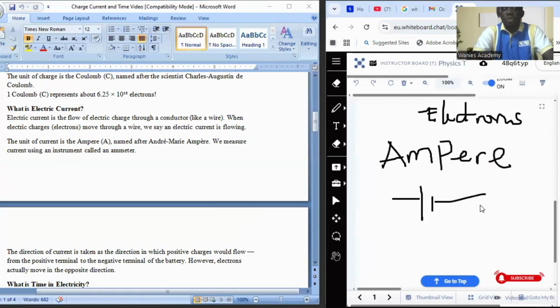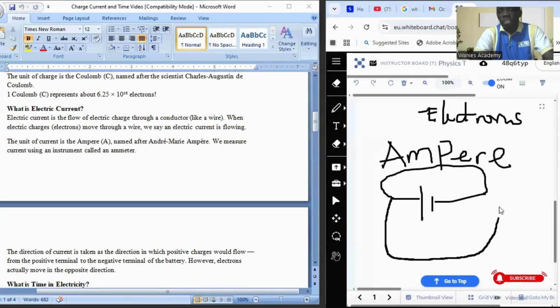So the current flows from the positive terminal to the negative terminal. That is how electric current flows.